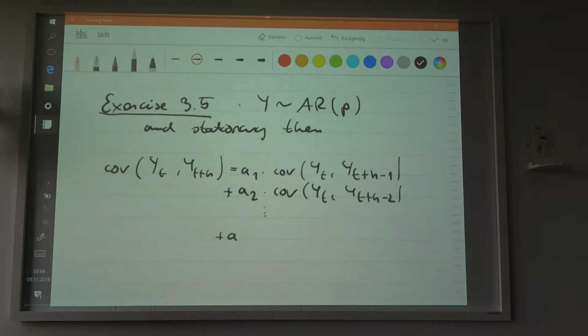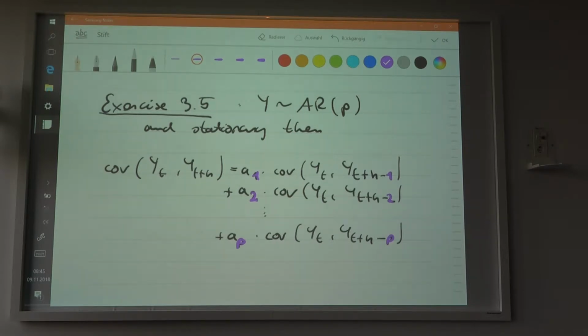And the last one is going to be ap times the autocovariance of the process yt and yt plus h minus p. So this is how it evolves. If you have 1 here, then you have 1 here in the index, 2 here, 2 here in the index, p here for the index. And the errors, of course, fall out.